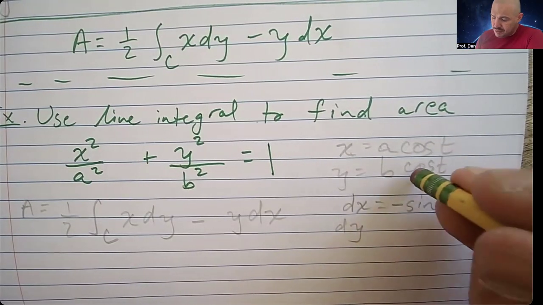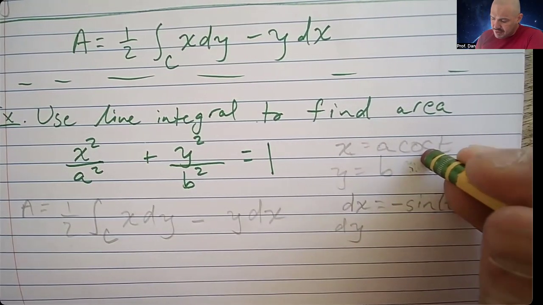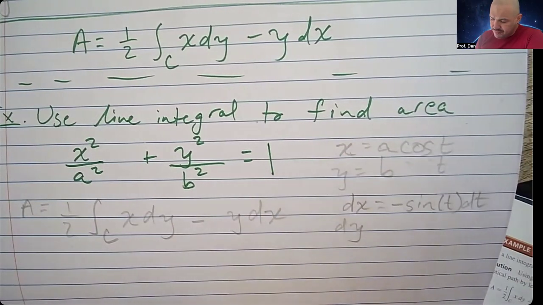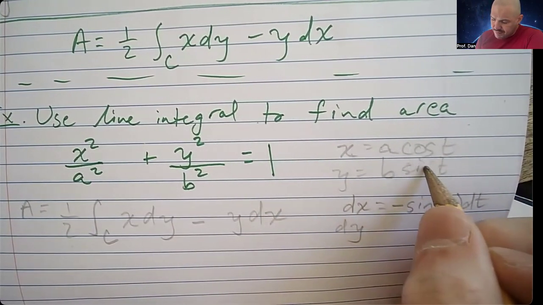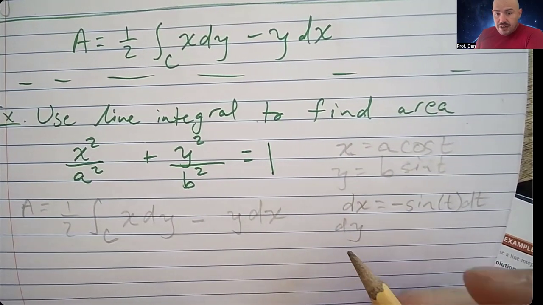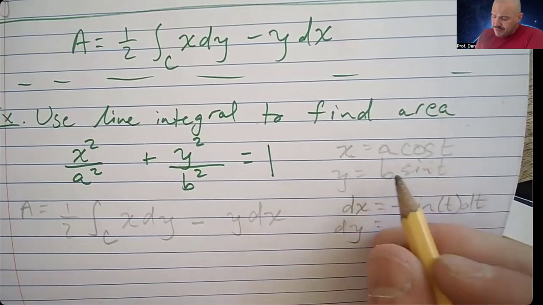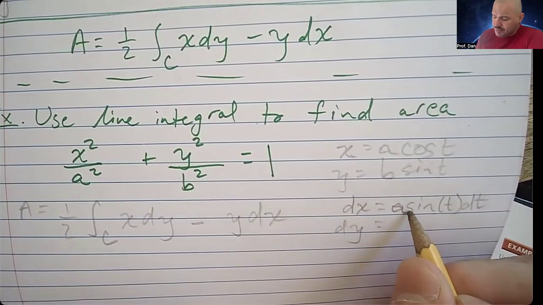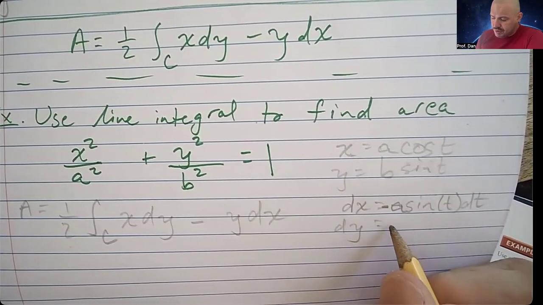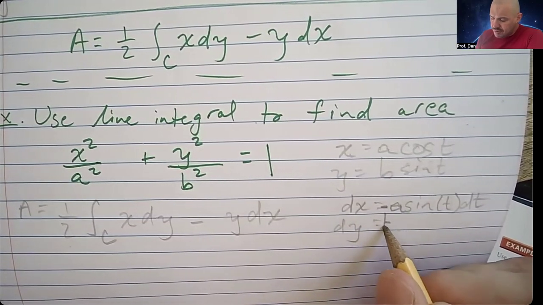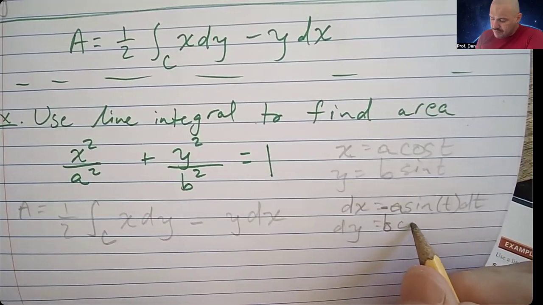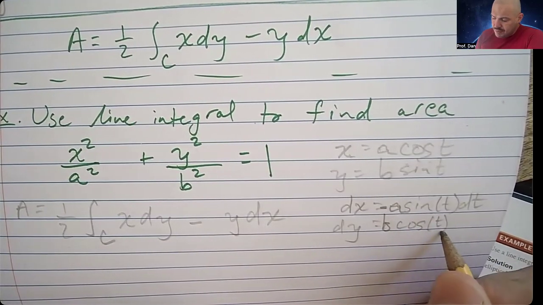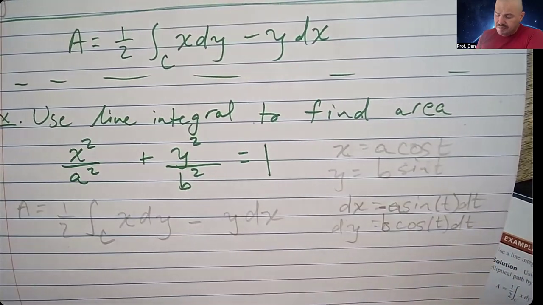Oops, it should not be cosine, it should be sine. There we go. For this one, differentiate sine with respect to t, you get cosine. Oops, should be a b in front of that one. So b cosine of t dt.